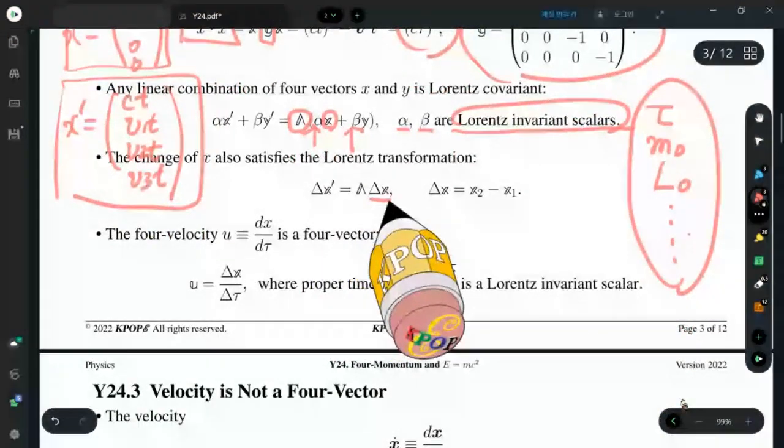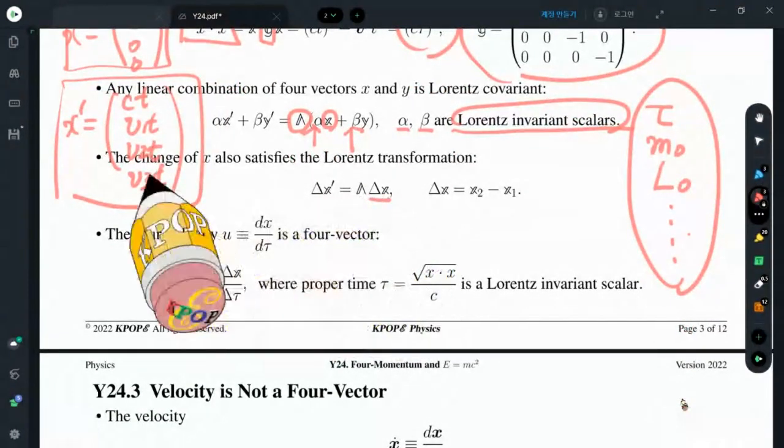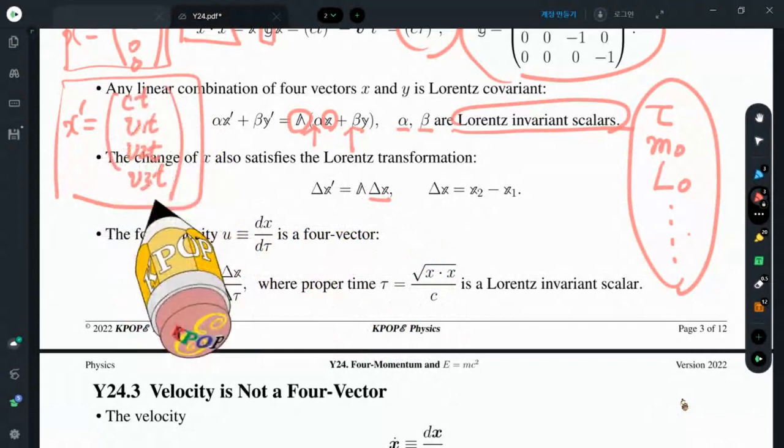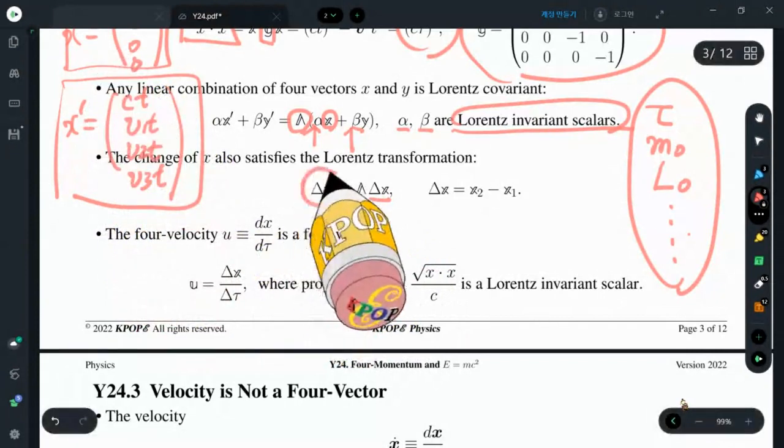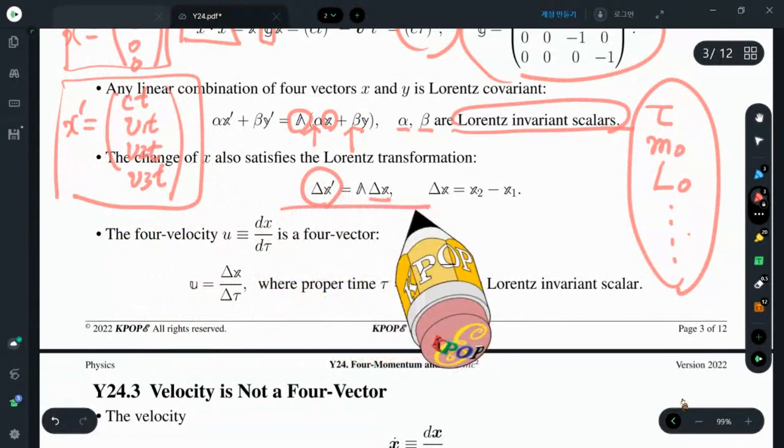Therefore, the shift in the coordinates in any inertial reference frame can be converted to another frame in such a manner.